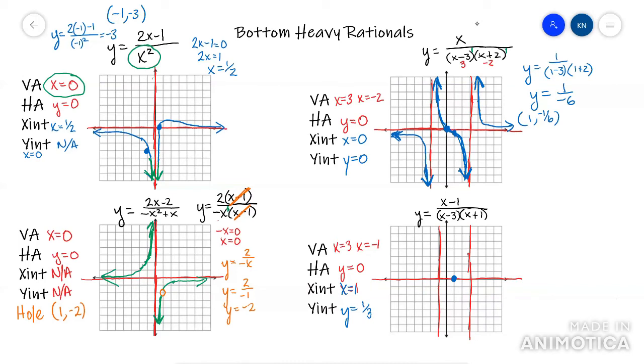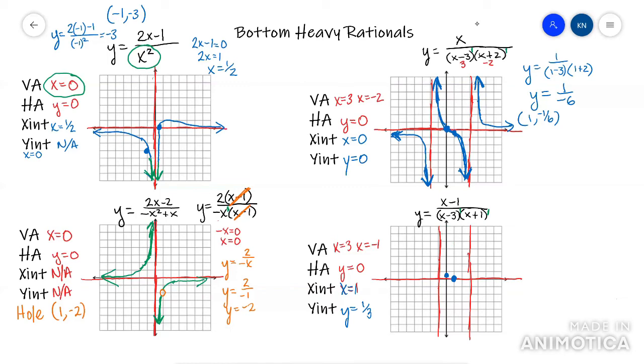So I know I have a y-intercept here. Now, also keep in mind that your vertical asymptotes are opposite because they're both degree 1. So that means if I know there's an arrow here, I know there's an arrow here. All right, let's go ahead and draw this one.